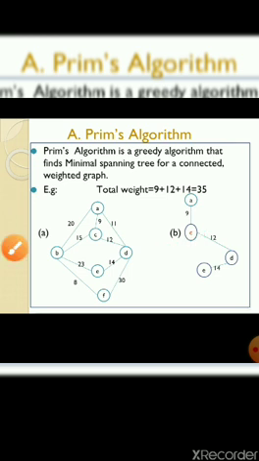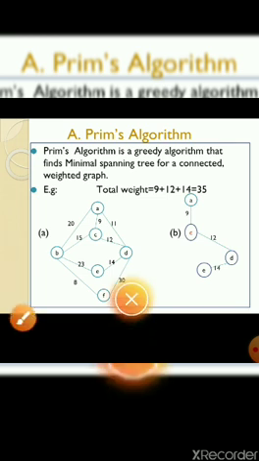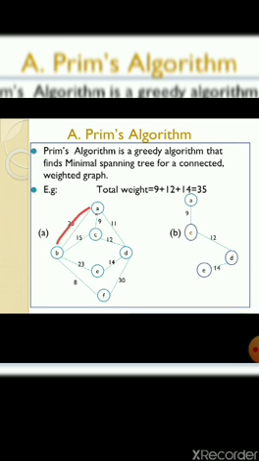From node A, this graph has three connections: A to B, A to C, A to D. Out of these three, the minimal connected node is A to C, which is 9.